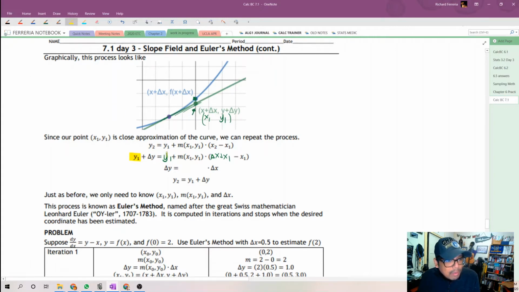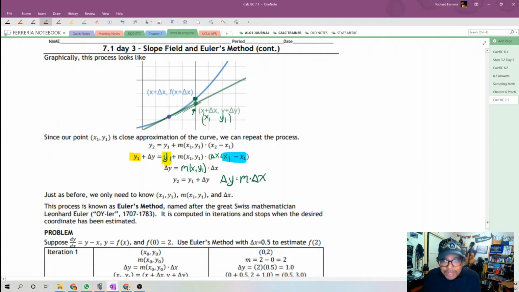This y1 cancels with this y1 over here. These x1s cancel out, and we are left with the fact that delta y is again equal to a slope multiplied by delta x. So this tells us again that delta y is equal to a slope times delta x.